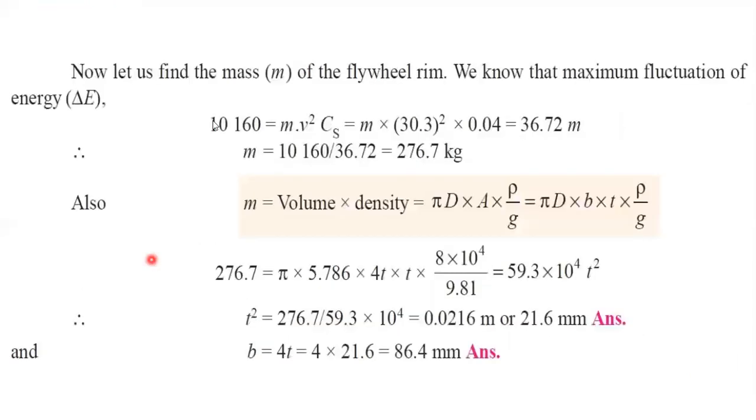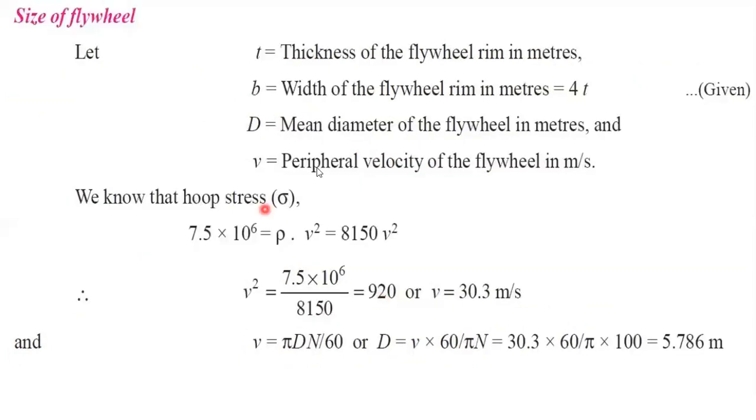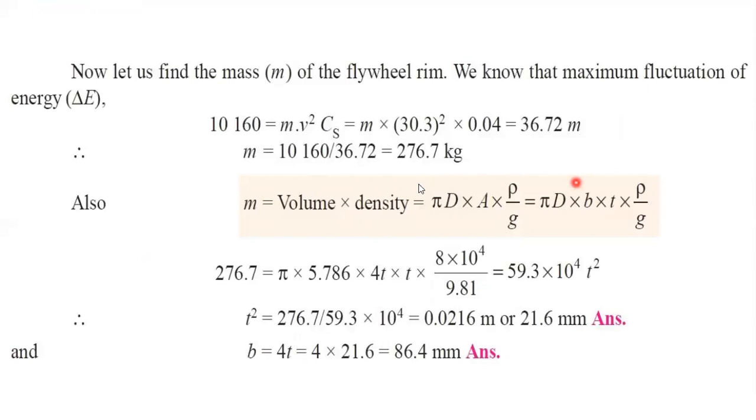So next we need to use the maximum fluctuation of energy. So del E is equal to m v square CS. We know the value of del E. We know the value of peripheral velocity. We know the CS value, which we also know from the beginning. So finally, we can determine the mass value. Once you get mass, means it's volume and density. So volume is pi D A. Actually, this G is wrong. Here G won't be coming. The volume is pi D A and density is rho.